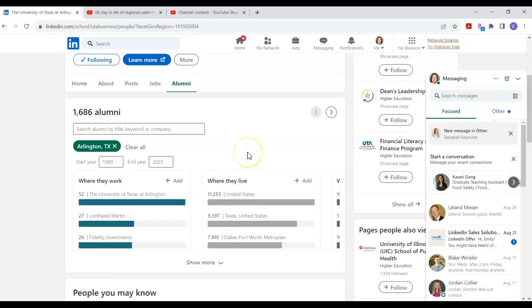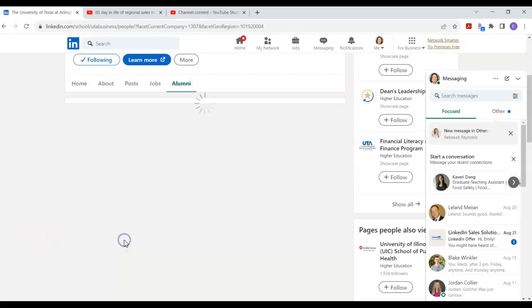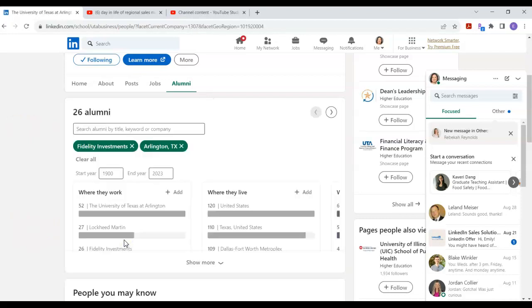And so now I've narrowed it down to a specific city. And let's say I want to find someone in my territory that works at Lockheed Martin. I'll just use that because it's right here. Or you could say Fidelity. We'll go Fidelity.